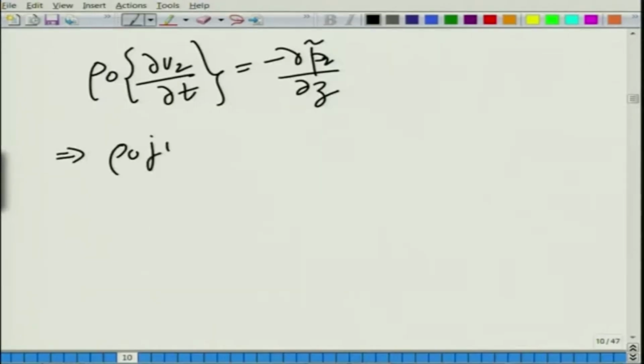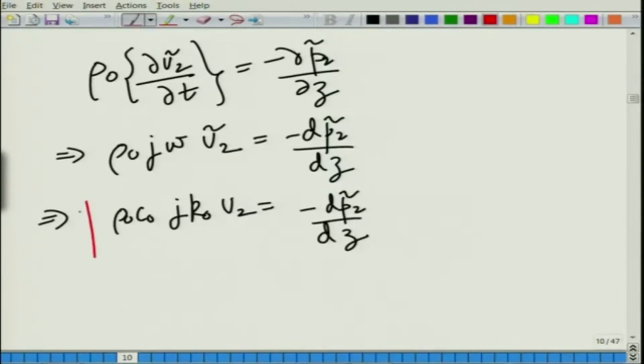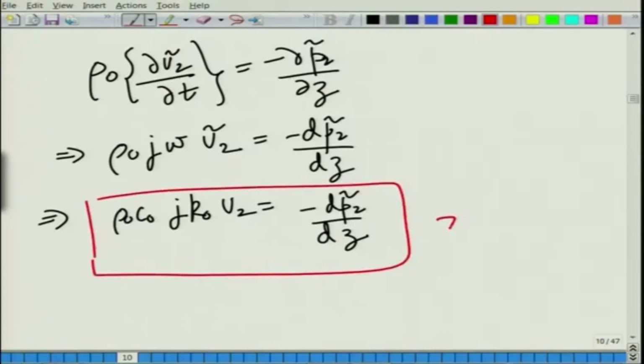This will become j omega u2 is equal to minus dP2 by dz, so rho naught C naught j k naught u2 tilde, and this will become like this. We can name this as equation number 7.